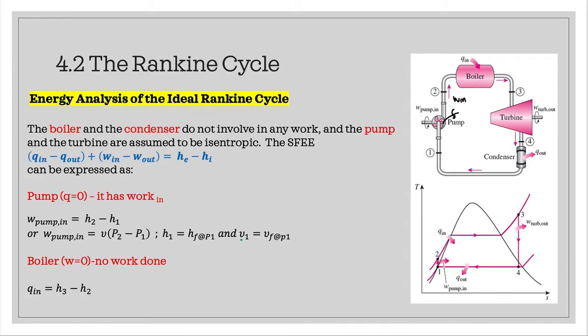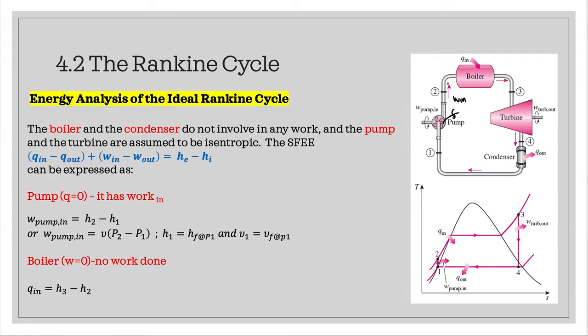So if you want to find enthalpy, specific volume or entropy, you have to find it at the subscript f, that is fluid, since this is saturated liquid, at the respective pressure. So these two equations you have to remember: W in is equal to H2 minus H1, and W in is also equal to specific volume multiplied by delta P.